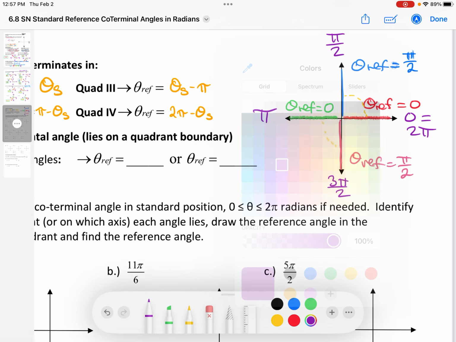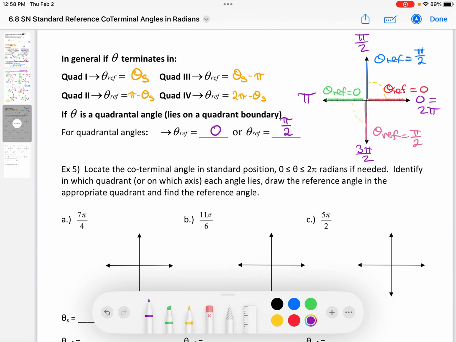So in general, when we have an angle that's on an axis, our choices for reference angles are either 0 or pi over 2. We are either on the x-axis, so 0 degrees away from it, or we're straight up or straight down, which is pi over 2 units away from the x-axis.